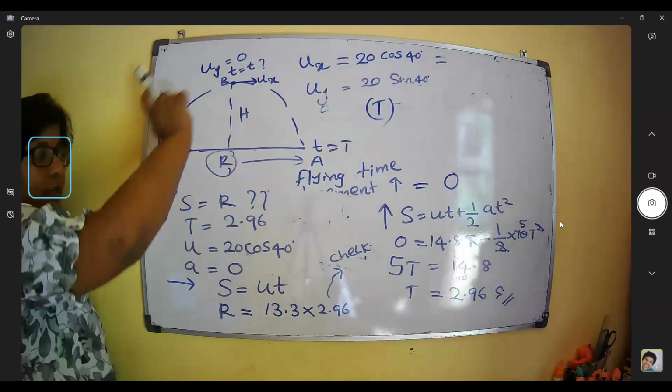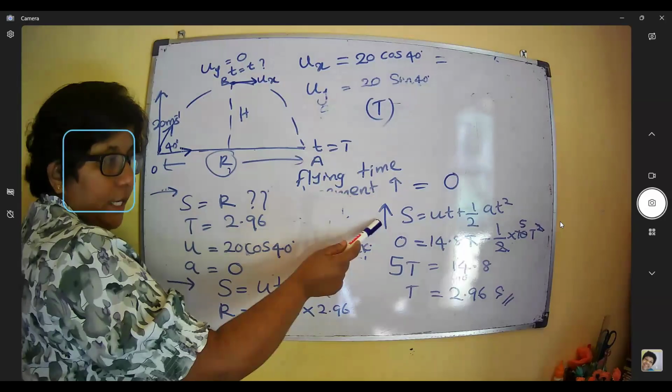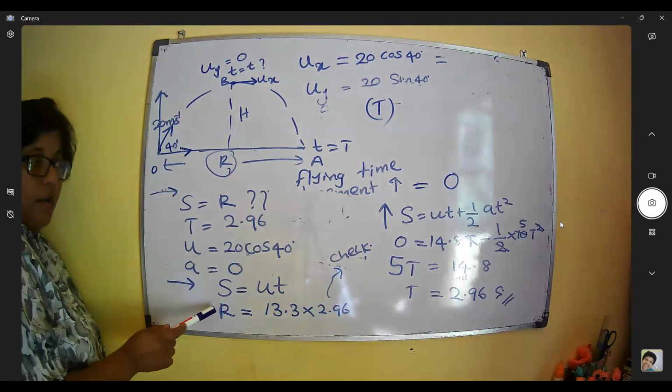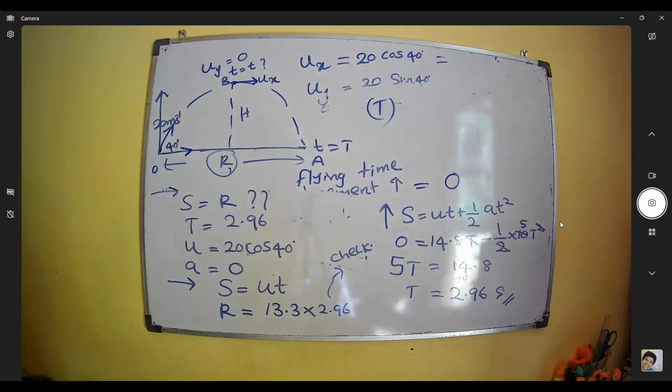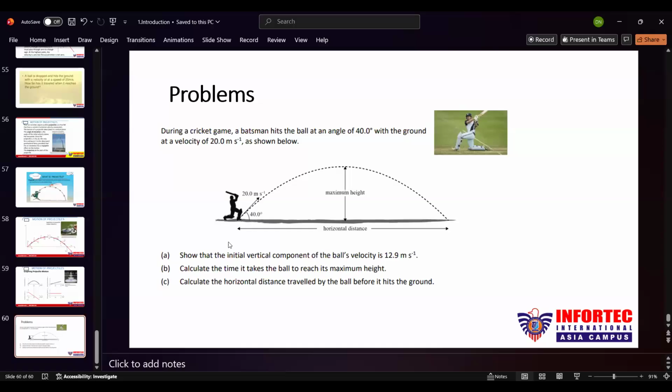The flying time is the same. The total displacement along the vertical direction is equal to 0, but in the horizontal direction it is equal to R. At the same time, there are two motions in two dimensional motion, along the x and y directions, right? Okay, the projectile motion is also finished.